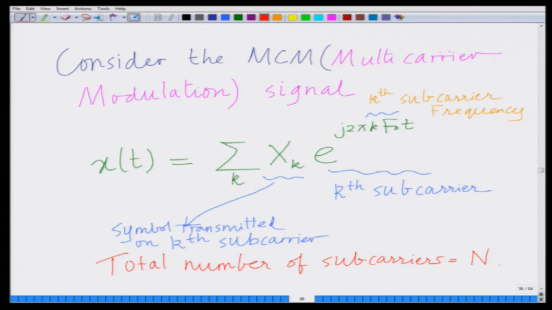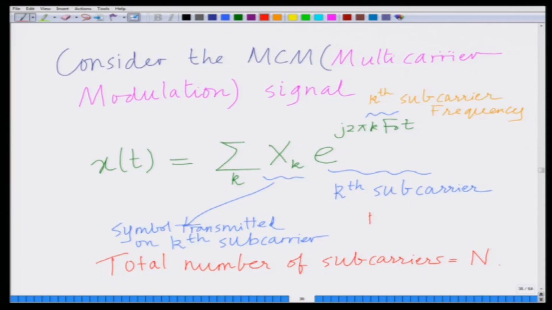So we have the transmitted signal x(t) is summation X_k e to the power of j 2 pi k f naught times t, where X_k is the symbol that is transmitted on the kth subcarrier, e to the power of j 2 pi k f naught t is the kth subcarrier, and k f naught is the kth subcarrier frequency.